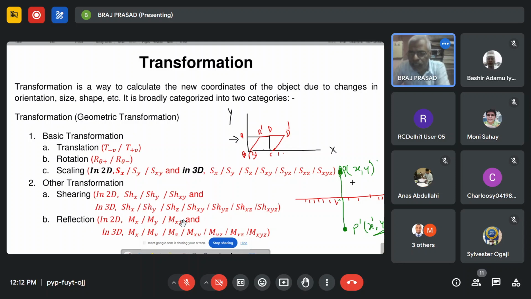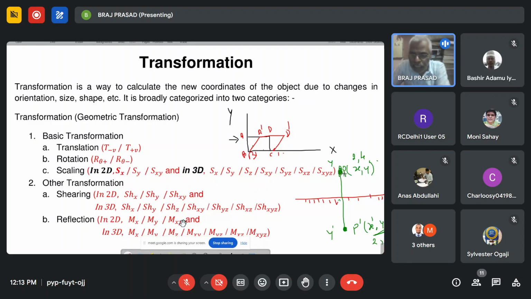And at this place, suppose the value of x is 2 and the value of y is 4, then you guess the coordinate of p dash. What will be the coordinate of p dash? X will remain same, so x dash will be 2, but the y dash becomes negative, because you know the upper side of this y axis is positive, and in the bottom place the value of y becomes negative.